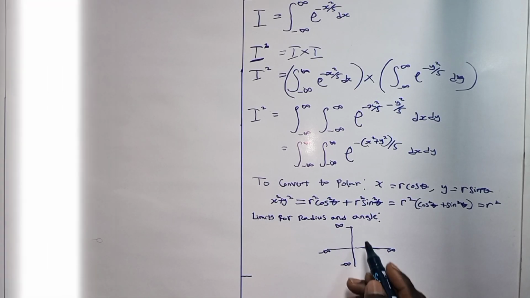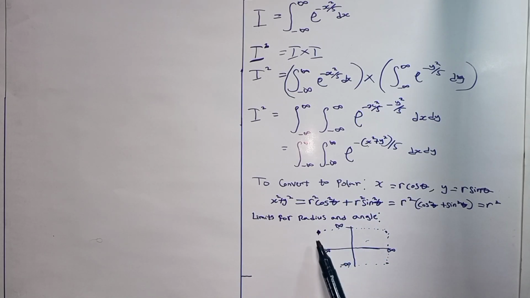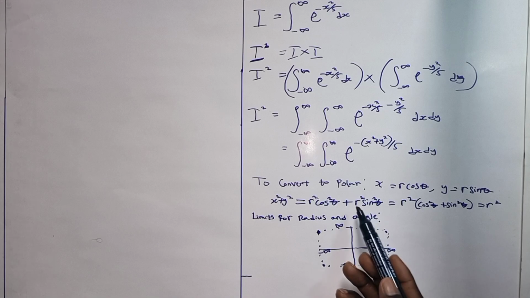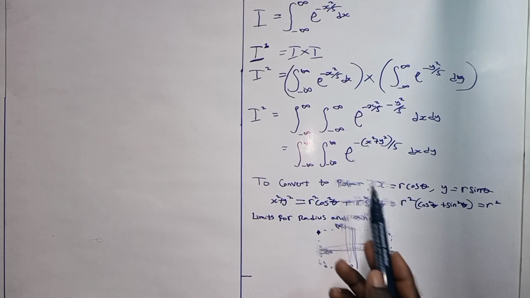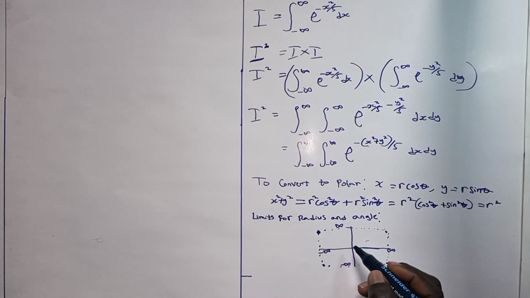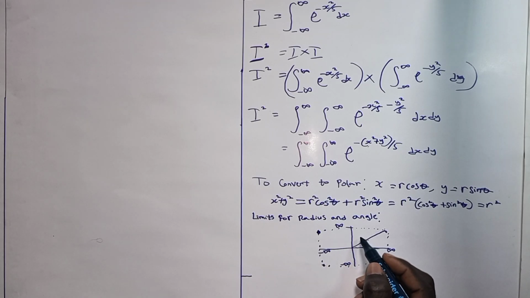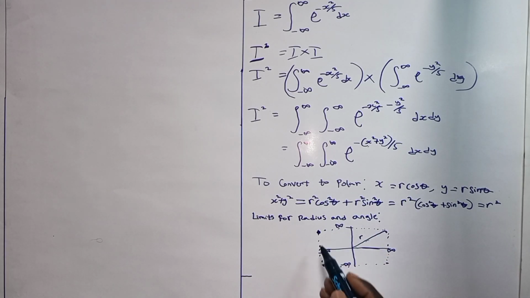So this is our sketch now. This is a sketch of the entire plane, because the limits are from negative infinity to infinity. So we're basically just covering the entire plane. That's what we are sketching. Then this will give us our radius r.